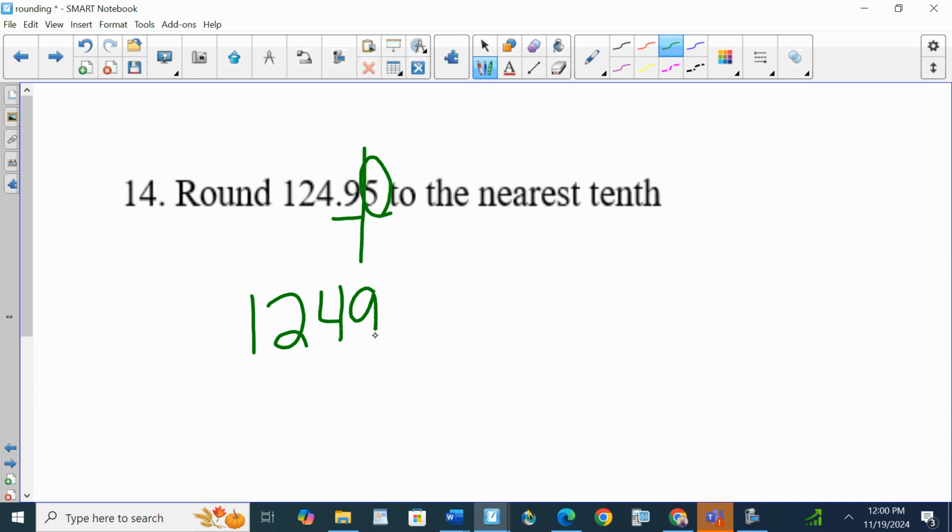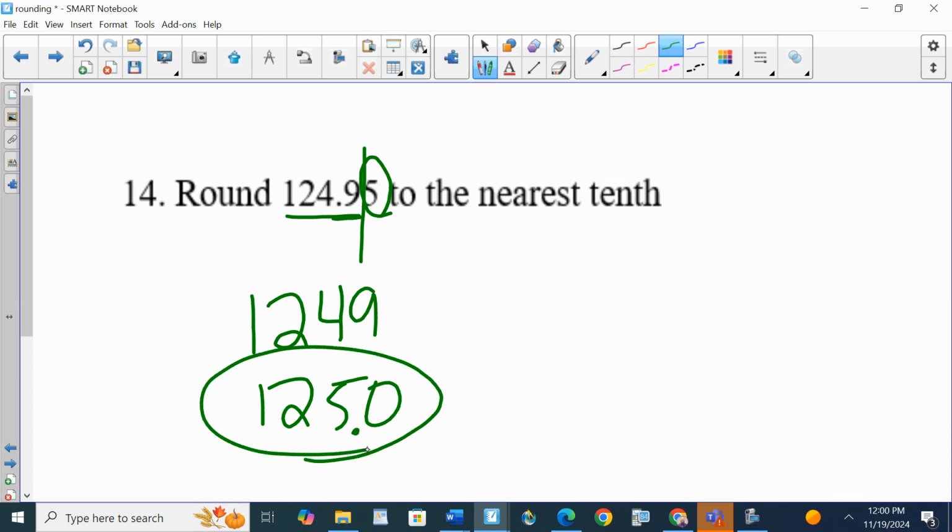I'm looking at 1249. If 1249 rounds up, if I'm counting, what comes after 1249? 1250. And then I just pop the decimal back in where it belongs, and 125.0 is your answer. Look at it as one big number, forget about the decimal, and just increase it by 1.